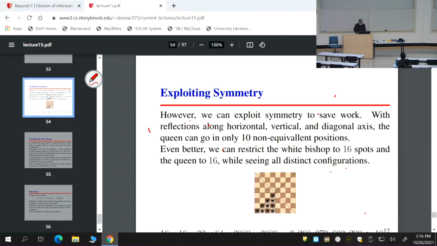One important idea is symmetry. What is symmetry? I'd like to note that some of these configurations, my goal is to find this unicorn of a position, one where all 64 squares are covered.